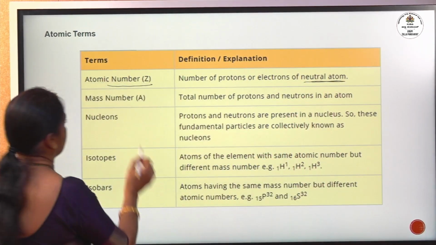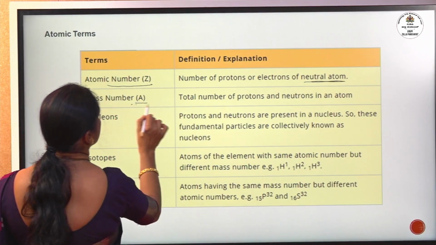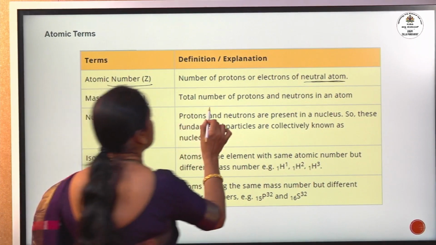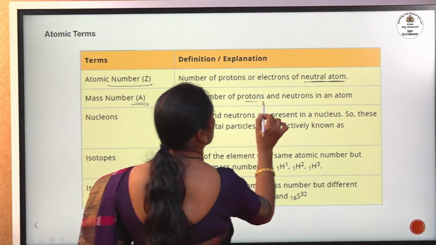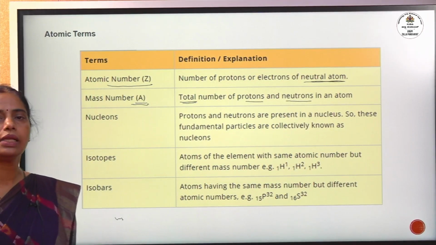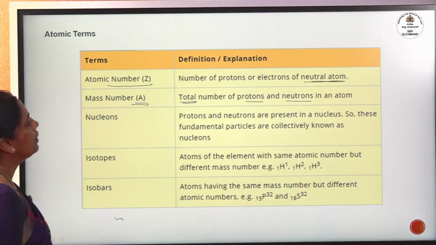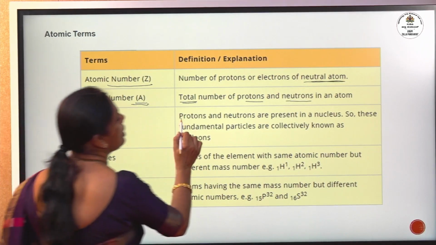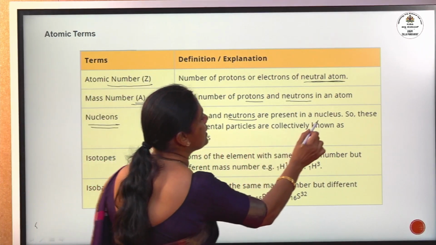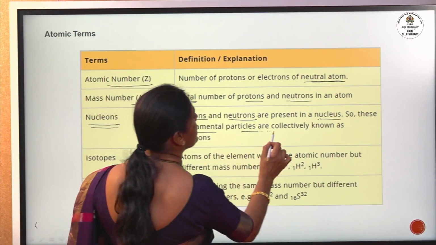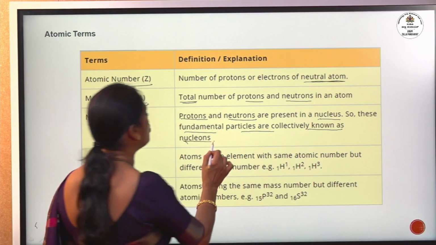Now mass number is denoted as A, which is the total number of protons and neutrons in an atom. Nucleon is protons and neutrons present in a nucleus. So these fundamental particles are collectively known as nucleons.